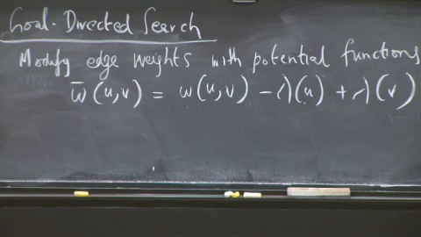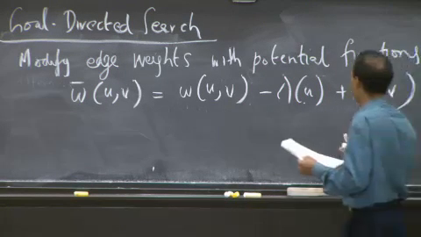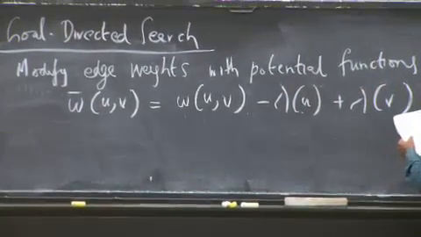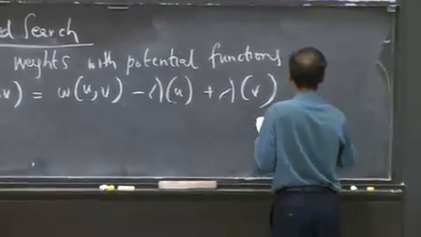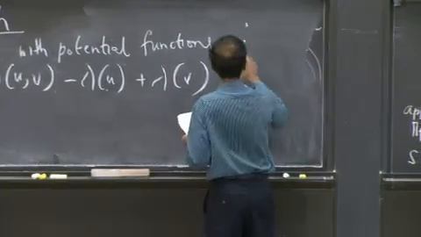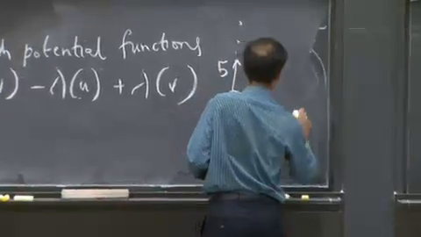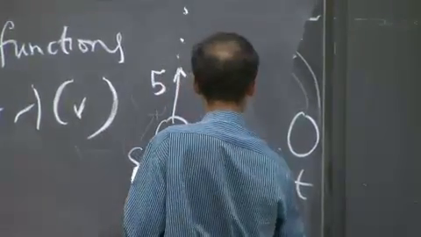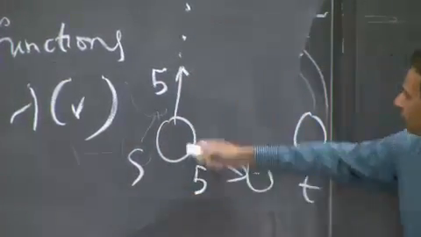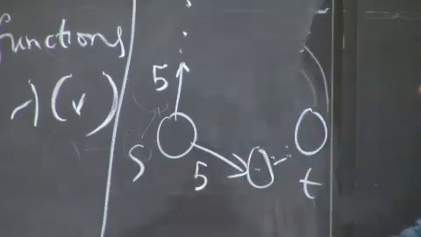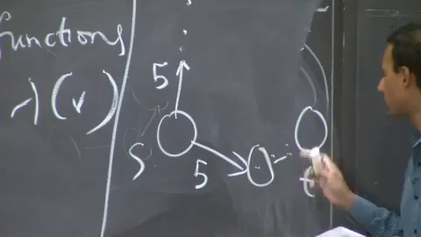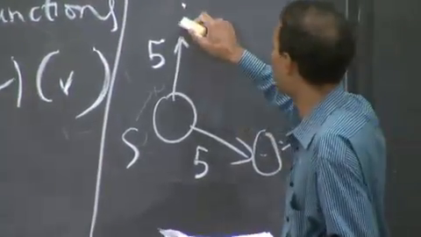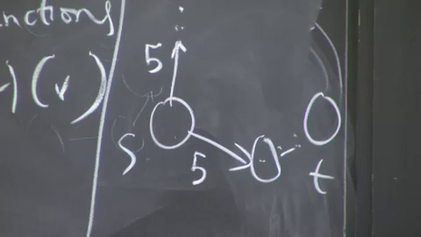Okay? Now, we have to be a little careful here with respect to the choice of lambda. But the basic idea is that suppose you have something like this, where you have a source vertex S, and you're again trying to do single source, single target going to T. And let's say you have an edge of weight 5 going out this way and an edge of weight 5 going out this way.